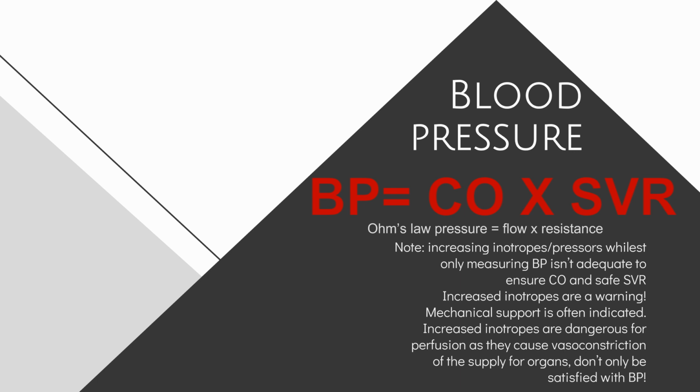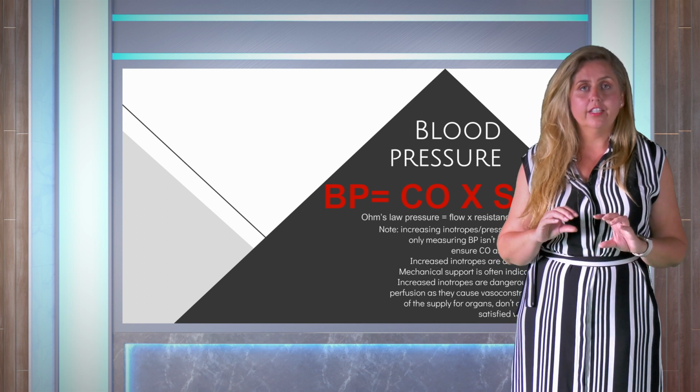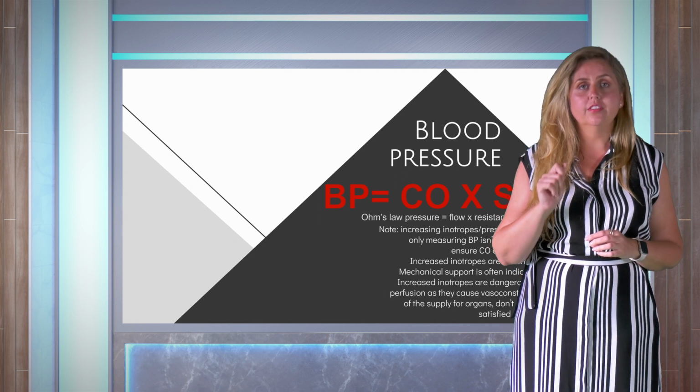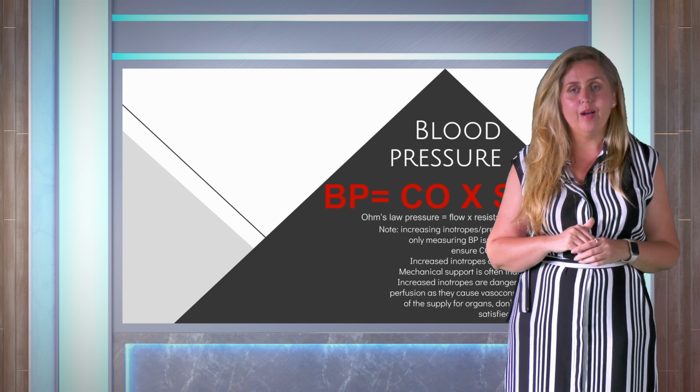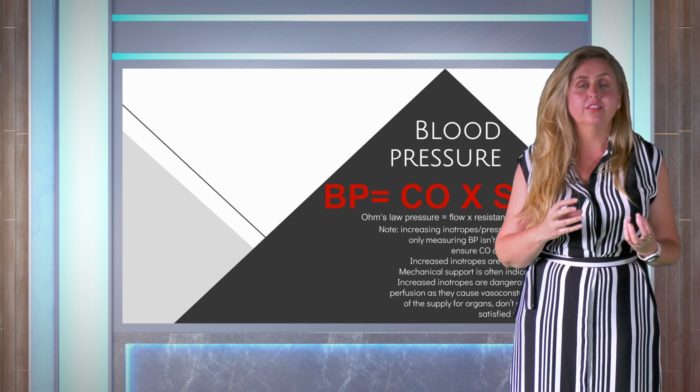So in a situation where we are increasing our inotropes constantly, or our pressors, whilst only measuring our blood pressure, it's not adequate to actually say that our patient has got adequate cardiac output or a safe SVR.